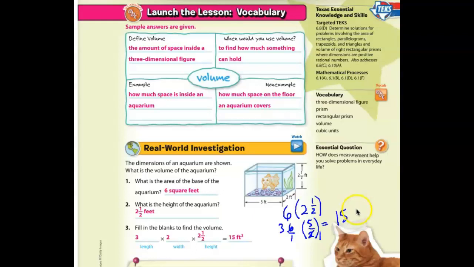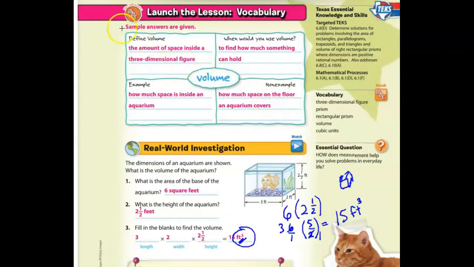And so it's going to be 15 cubic units, and that's going to be shown by putting the number 3 in the air instead of the number 2, because that would be squared, and we're talking about, instead of just a square, cubic units, and this is supposed to be a cube. Kind of looks like a cube.